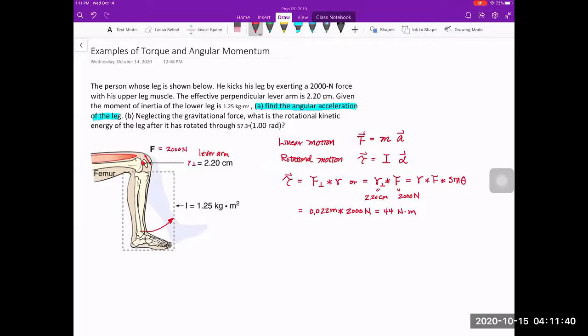You also need to know that if you apply a force in that direction and your point of rotation is over here, then what is the direction of the rotation? You can use your right hand by pointing the fingers along the direction of R, then curling them toward the direction of the force.